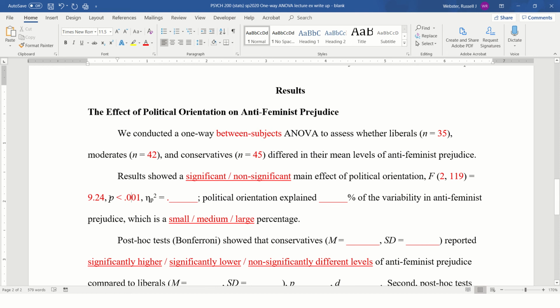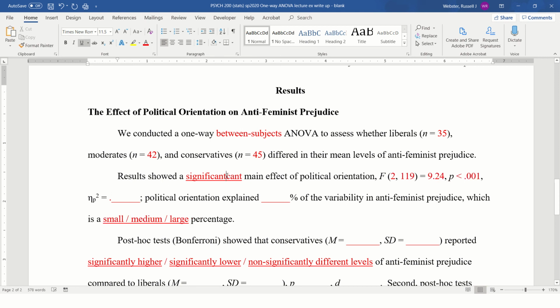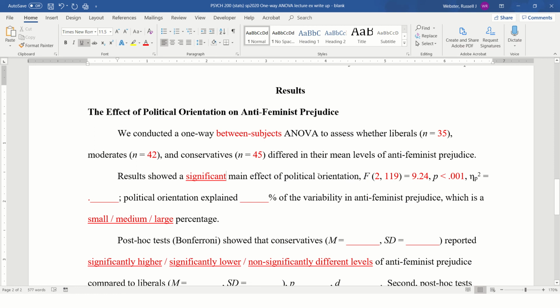In this case, yes, p is less than or equal to 0.05. It's really small, it's less than 0.001. So results showed a significant main effect of political orientation. Our F value is significant here. So that means there's at least one significant difference between our independent groups on their levels of anti-feminist prejudice.